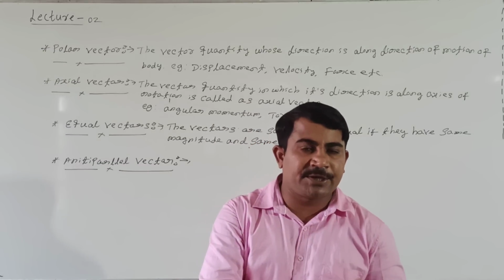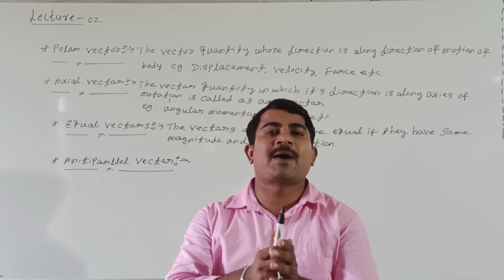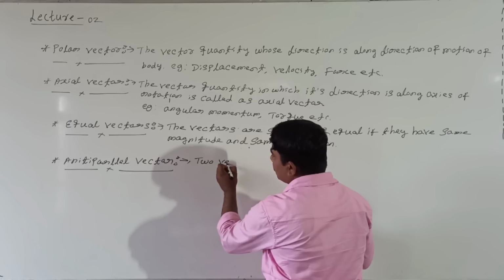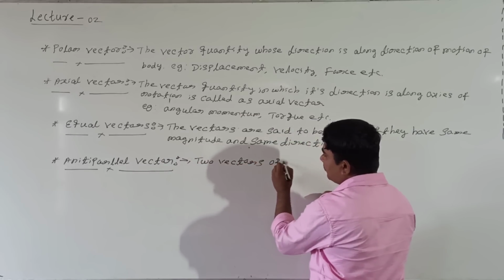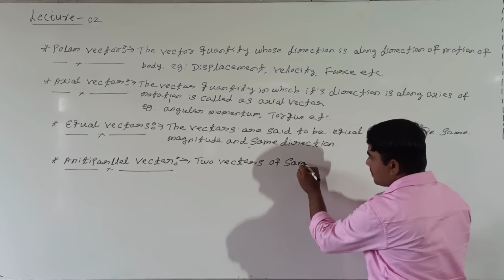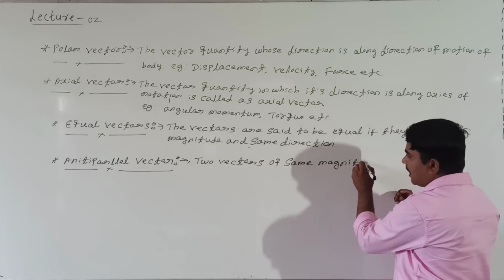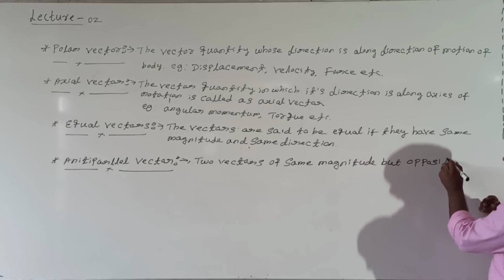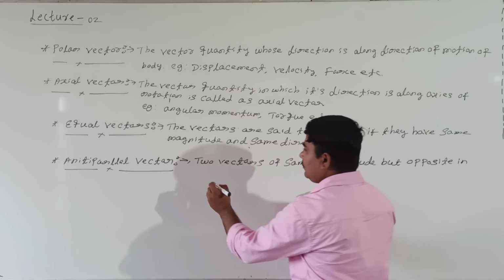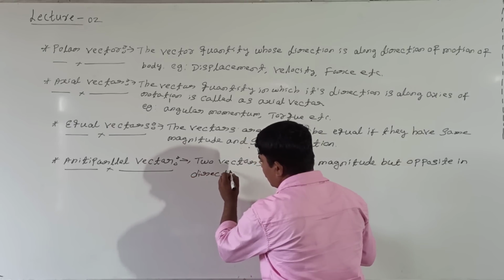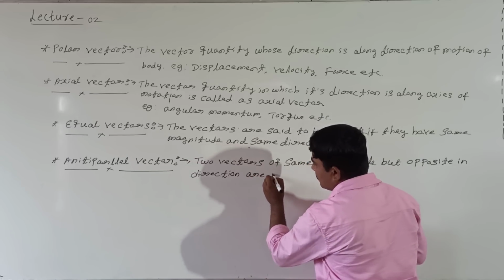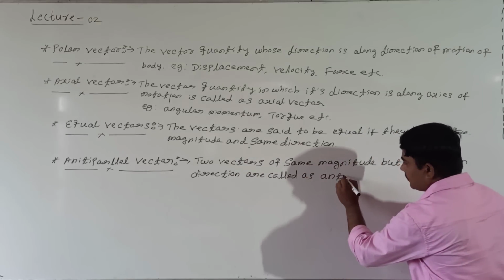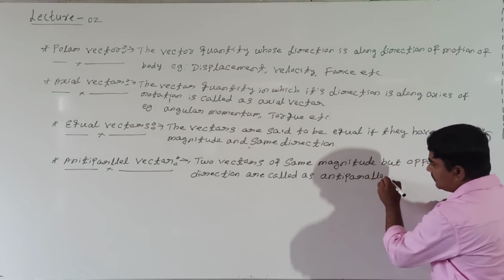If two vectors are of same magnitude but opposite in direction, such vectors we are calling anti-parallel vectors.